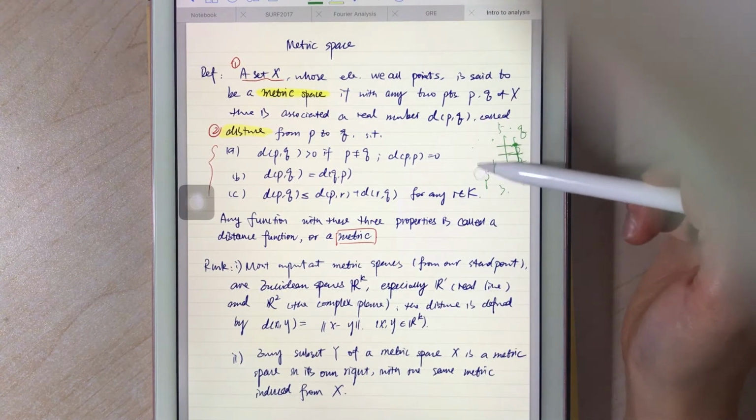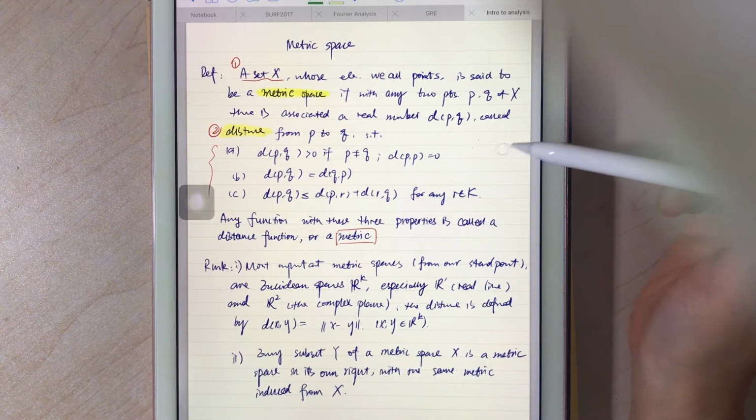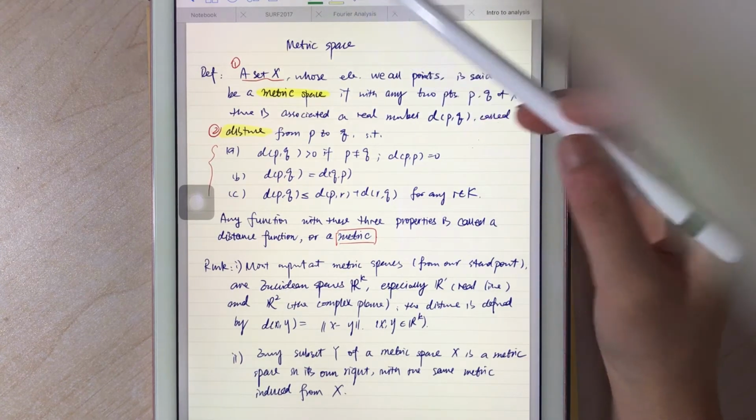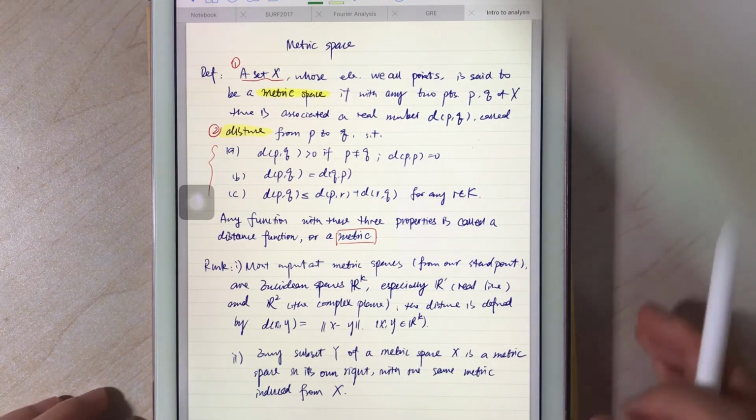This is just an interesting example, and there are a lot of metric spaces, and some are really bizarre. You can do some research on it or just have fun. It's quite interesting.